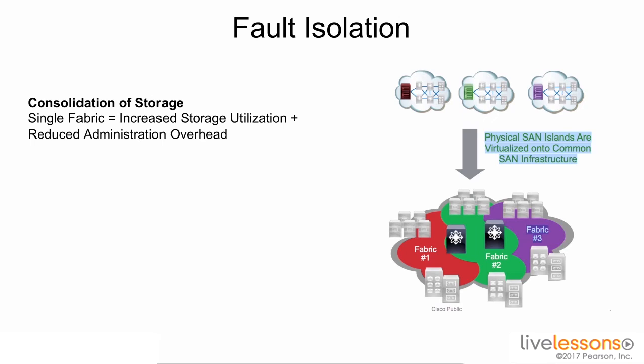Another item that we need to consider when we're designing a SAN is fault isolation. It's a very popular trend to try to consolidate your storage, and we have the ability to virtualize SANs in something we call a vSAN, very similar to a VLAN. That is a wonderful feature to use. A single fabric gives you increased storage utilization and reduces your administrative overhead.